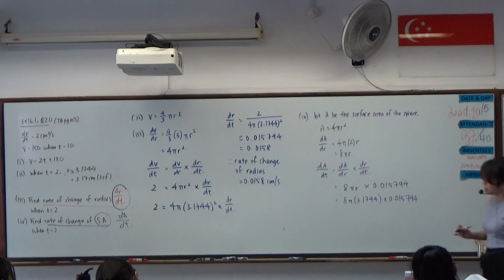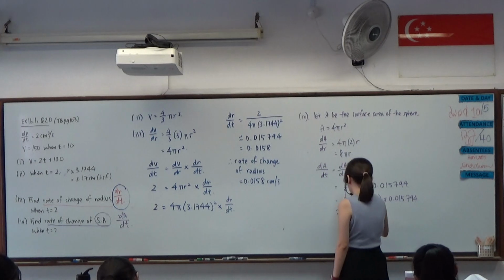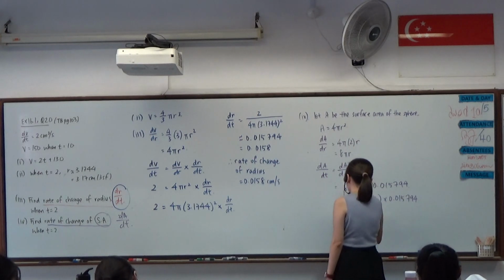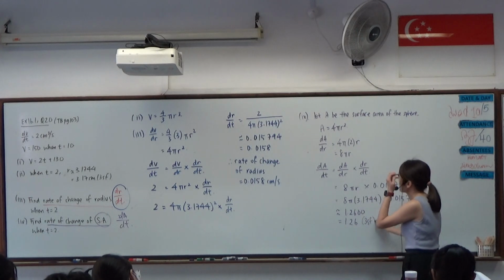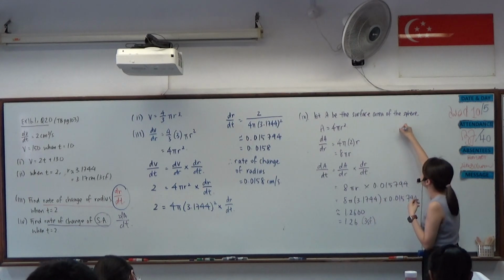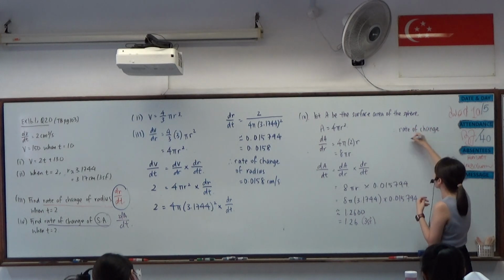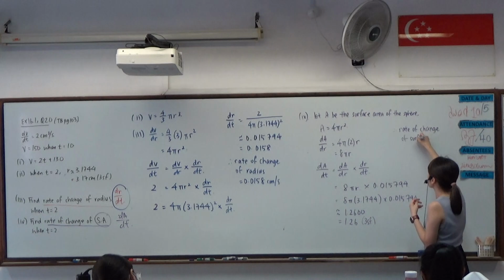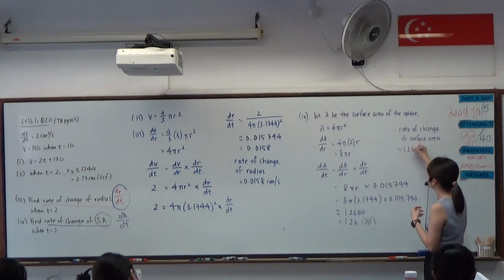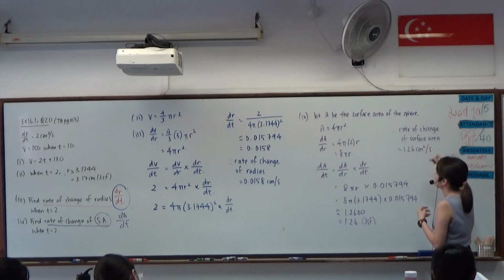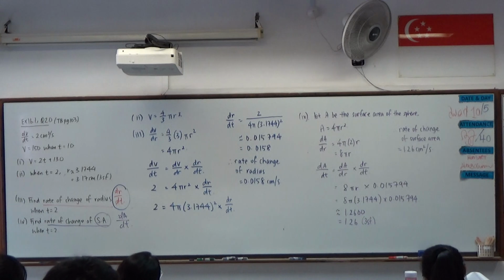We get about 1.2600. So therefore, the rate of change of surface area will be 1.26 cm squared per second.